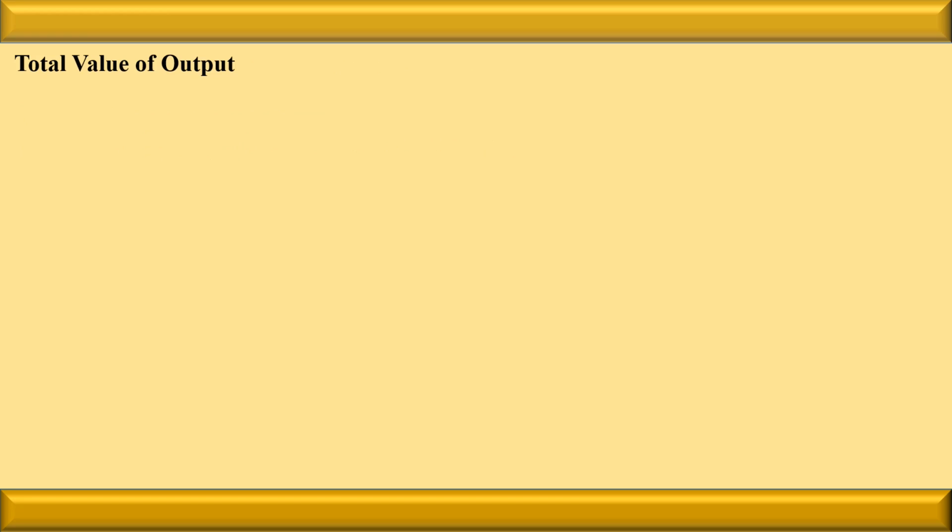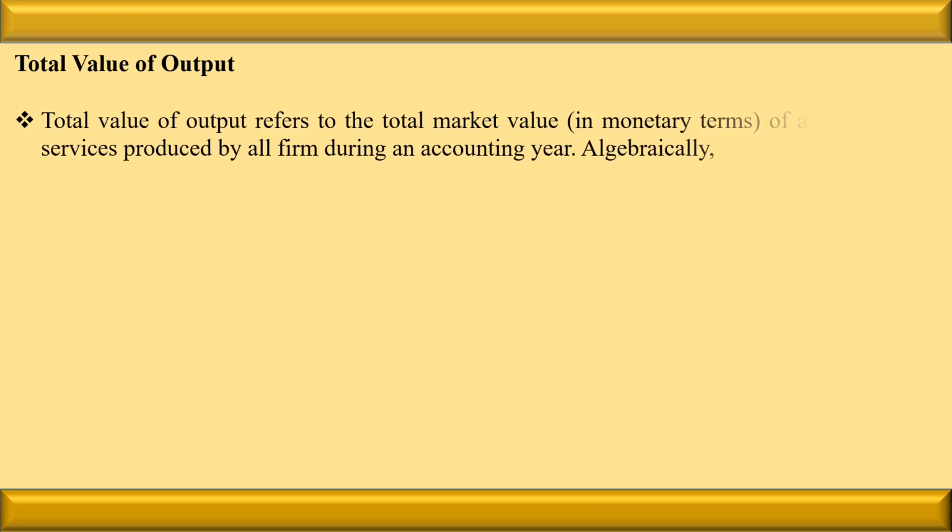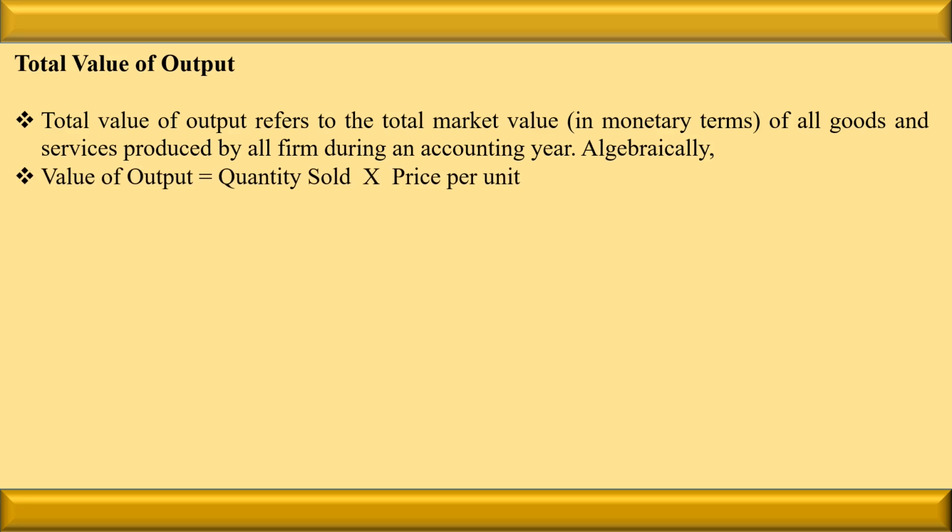Let us see what is value of output. The total value of output refers to the monetary value of all the goods and services produced by all firms during the accounting year. Algebraically, it can be calculated as quantity sold multiplied by price per unit.